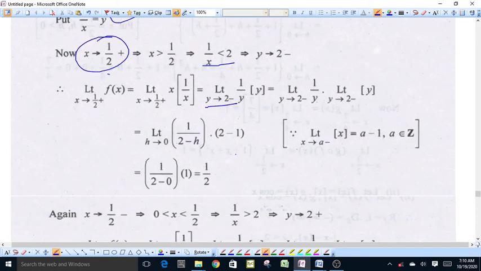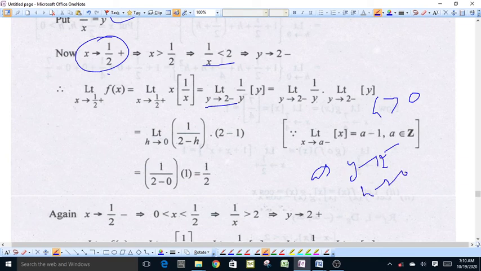For left limit we put y is equal to 2 minus h, where h is a positive number, as y approaches to 2 from left, h approaches to 0.